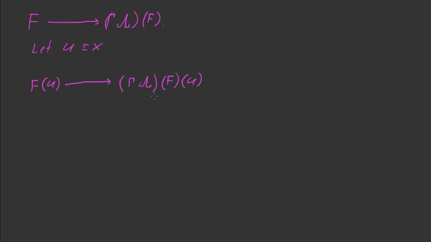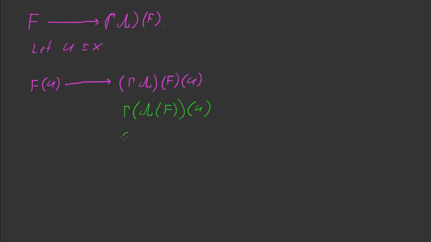So what is this map? Well, to define this map, let's unravel what this thing is. This is gamma of lambda of F evaluated at U. So what does gamma do? Gamma is this sections functor, right?